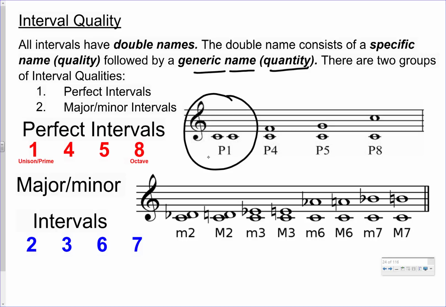And if we needed to write both the quantity and the quality, we would write it as a capital P for perfect and a capital P for prime. Or P1 is acceptable.